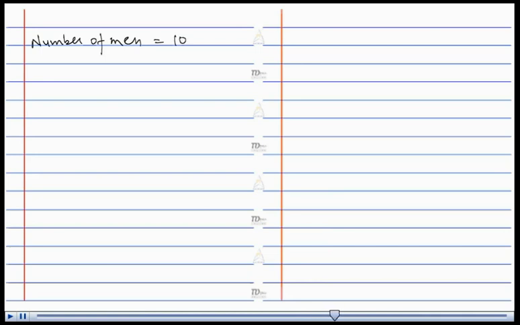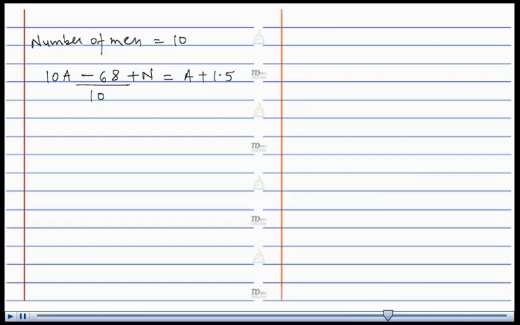So the new weight now becomes the sum of weight of 10 earlier men, that is equal to 10 times A, minus weight of the man who left, that is equal to 68, plus weight of the new man who entered divided by total number of men, which is equal to A plus 1.5.